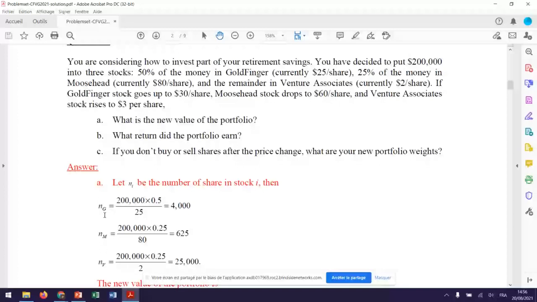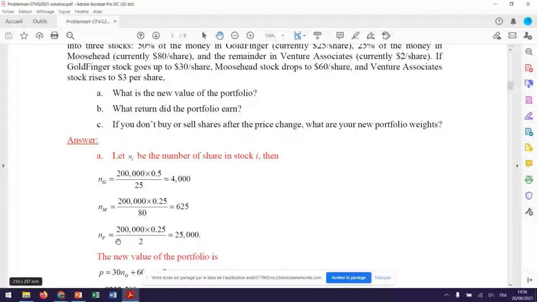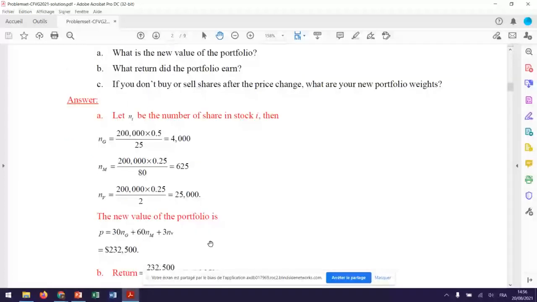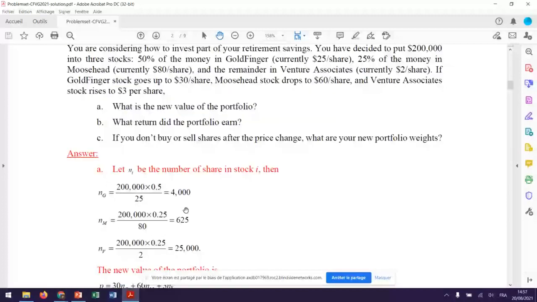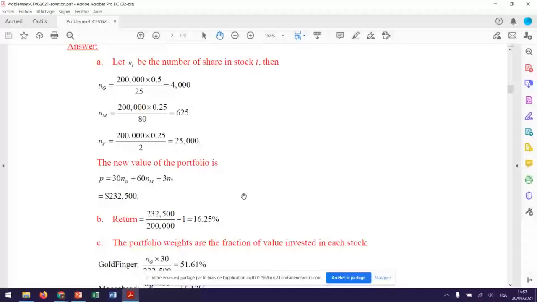Another 25% you put in stock of Moosehead, which is $80, so you have 625. In Venture, you have 25,000. The new value will be 232,500. Very straightforward, right?